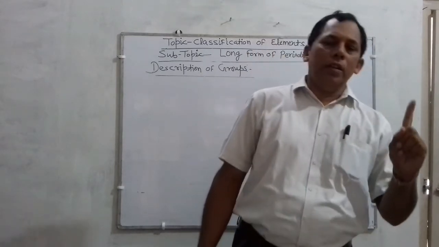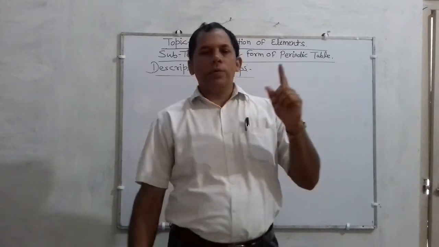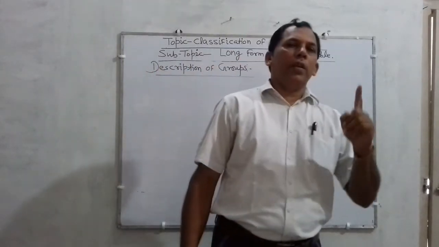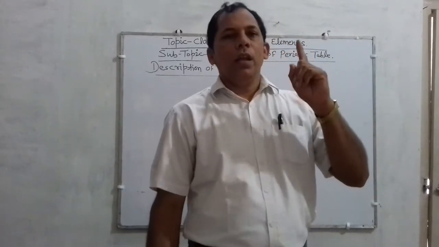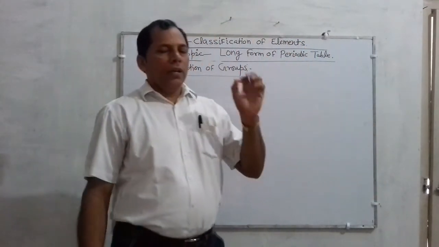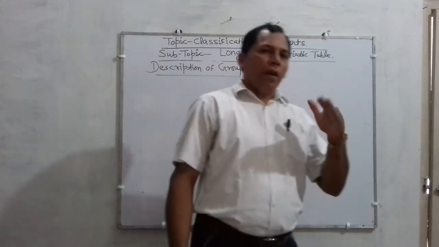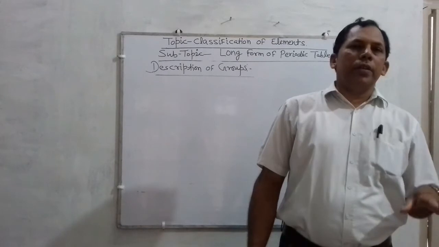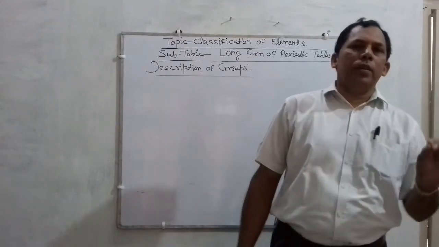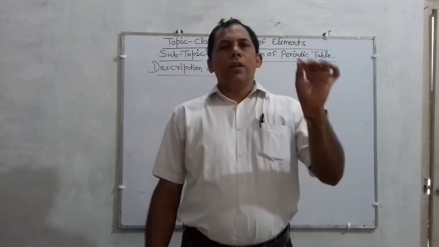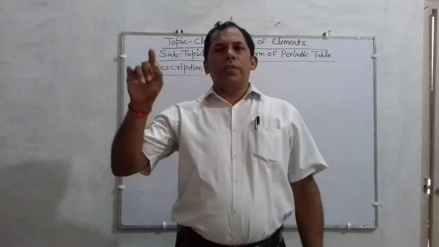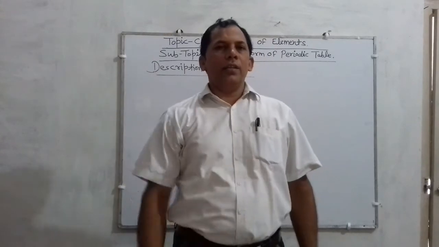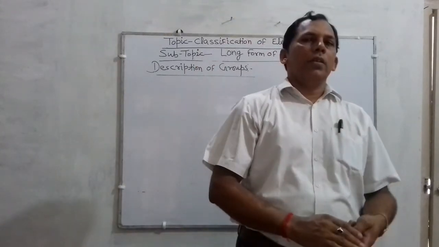Listen sincerely. In 1984, the IUPAC, the International Union of Pure and Applied Chemistry, recommended a new scheme for the nomenclature of groups. According to the new scheme, groups are numbered 1, 2, 3, 4, 5, 6 up to 18, which means they are arranged in 18 vertical columns.